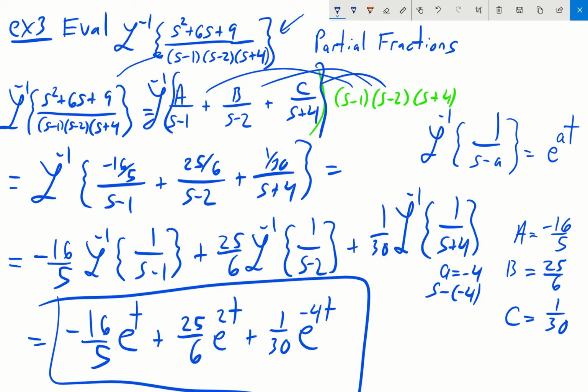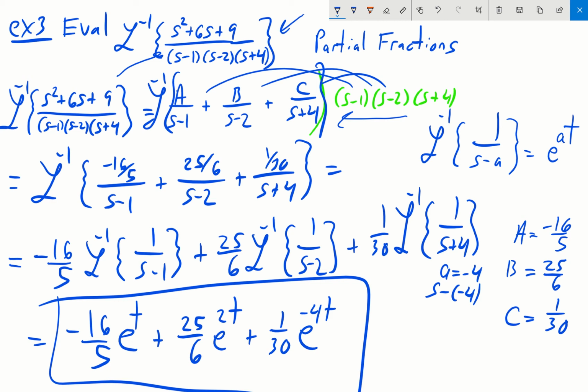The next thing you'd want to do is write out what the partial fraction decomposition would look like. Write out an equation that represents a, b, and c, usually by clearing denominators. And then, again, if you remember how to do partial fractions, there's a couple different approaches. You can either choose convenient values for the variable s.